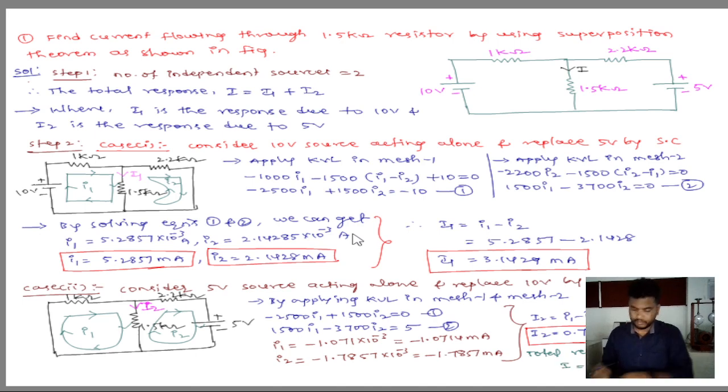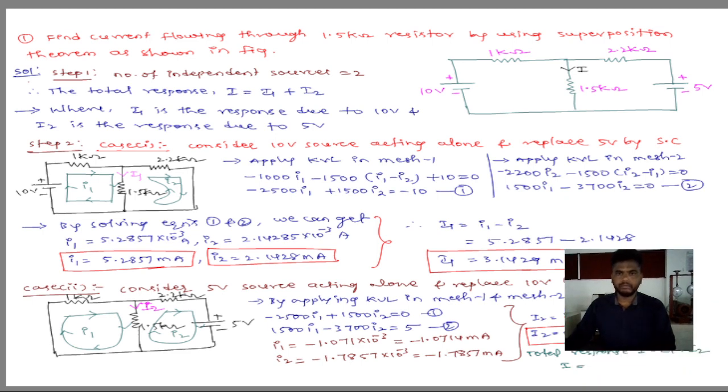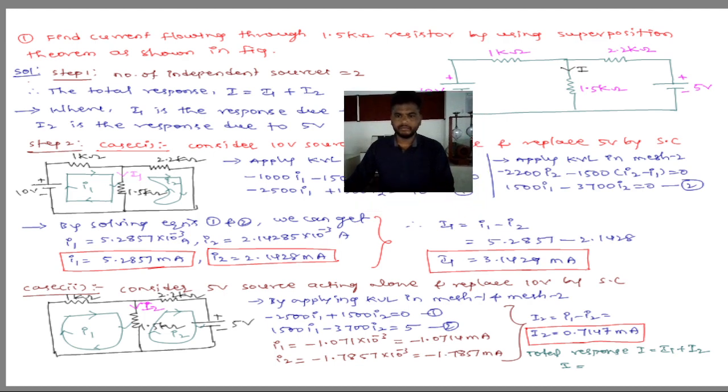That is, I is equal to the I1 value 3.1429 plus 0.7147, that is equal to 3.8576 milliamperes. And this is our total response by using the superposition theorem.